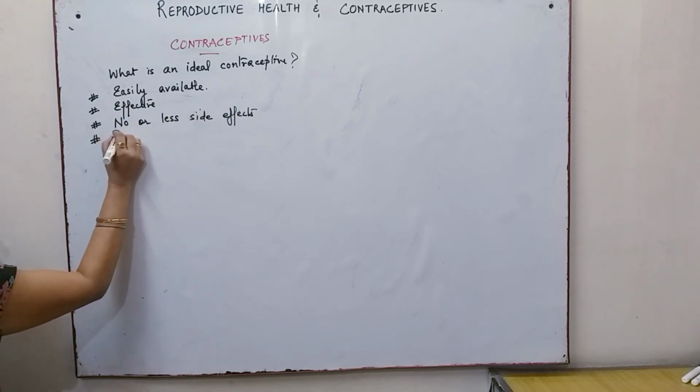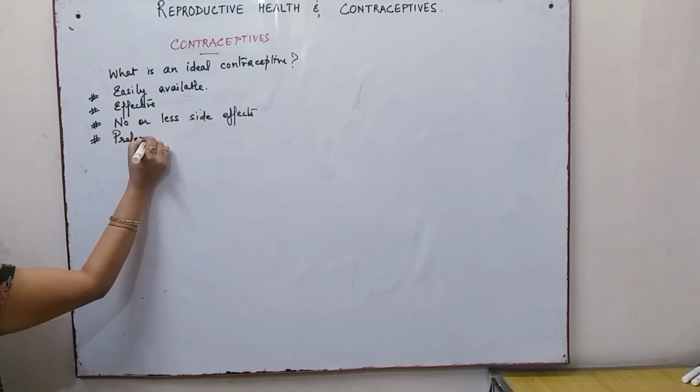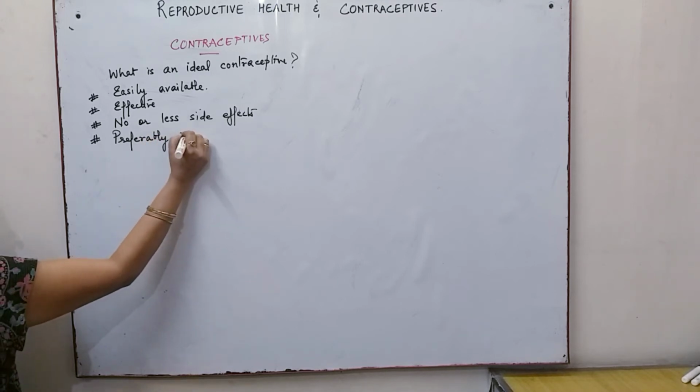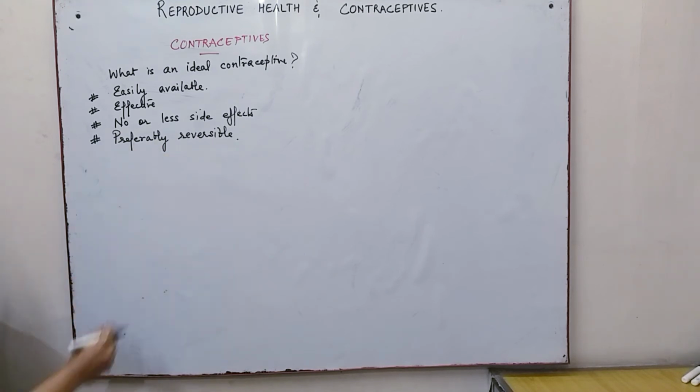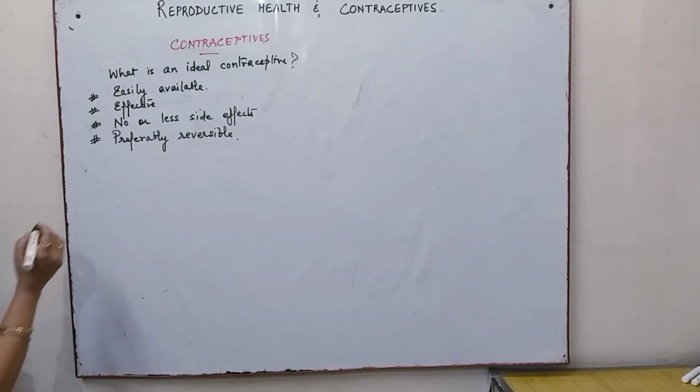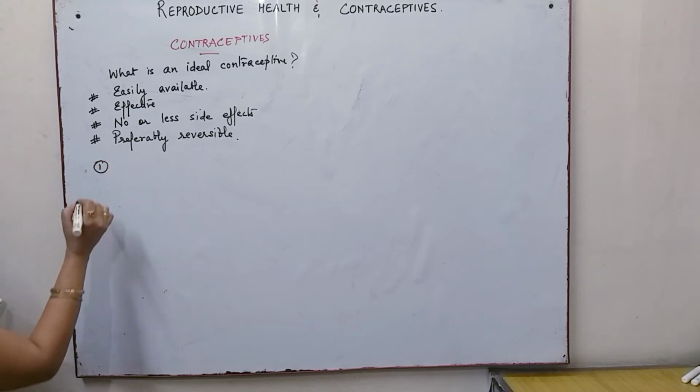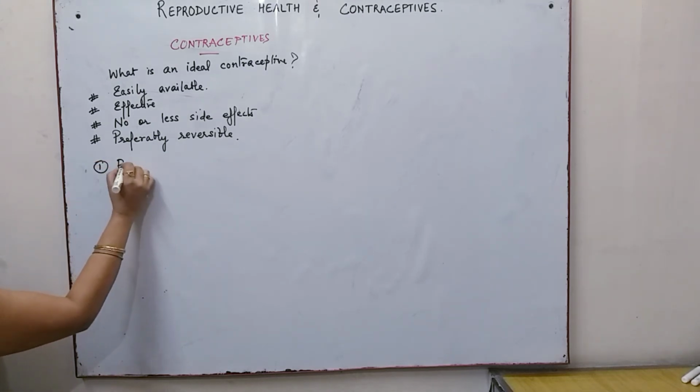And preferably reversible. So these are the points for an ideal contraceptive. So we will be talking about various kinds of methods or devices which are used for contraception, that is, avoiding pregnancy. Now the first method which we will be talking about is the physical or barrier method.